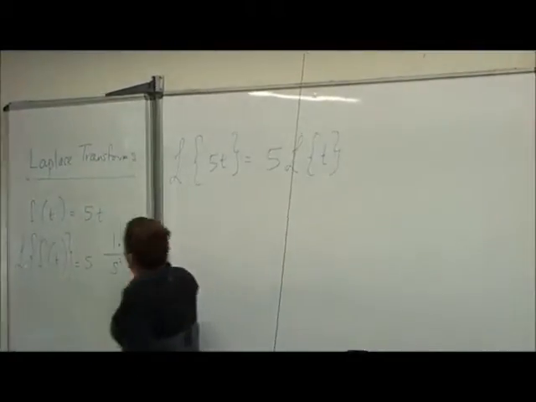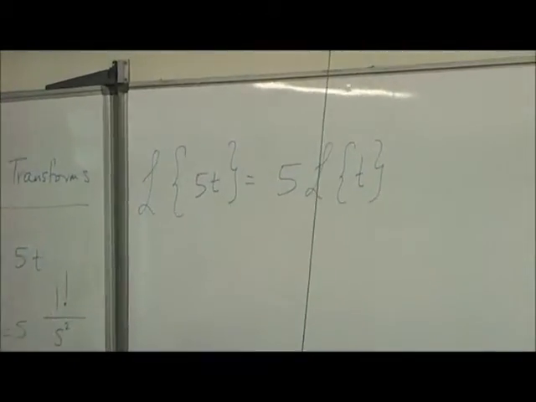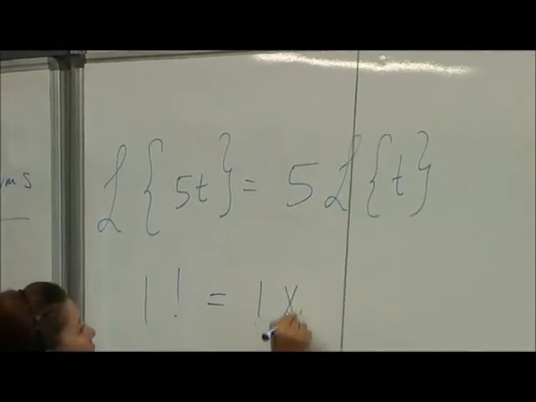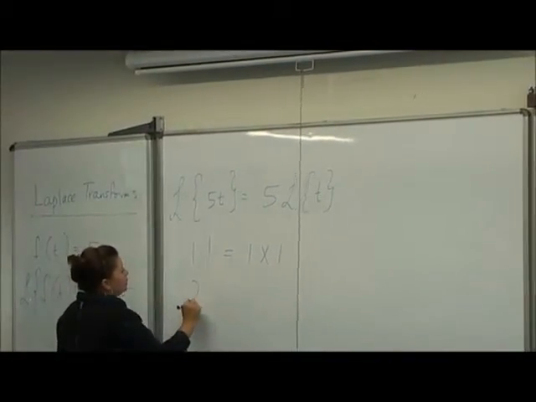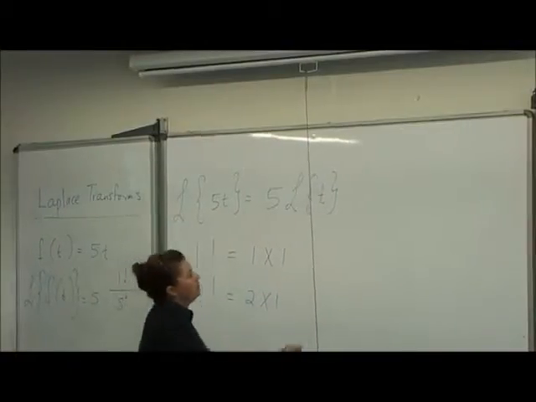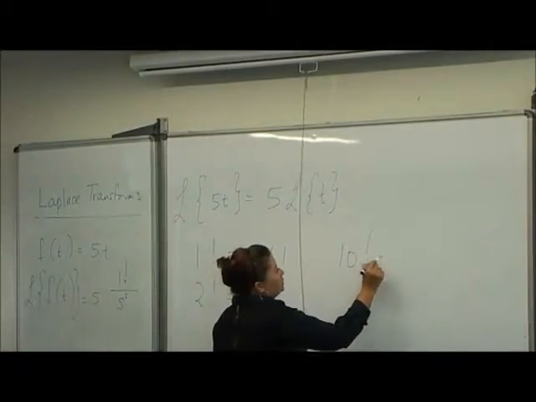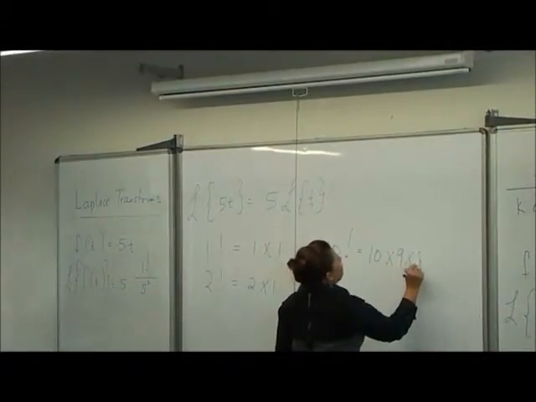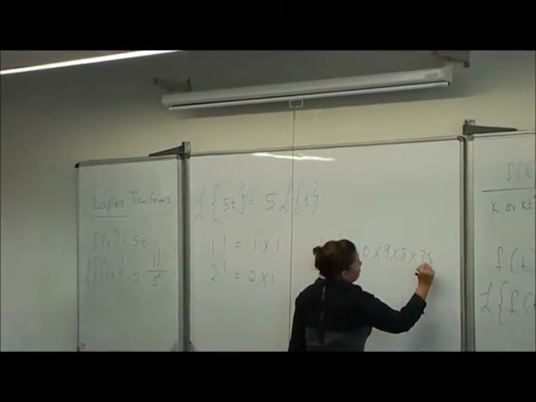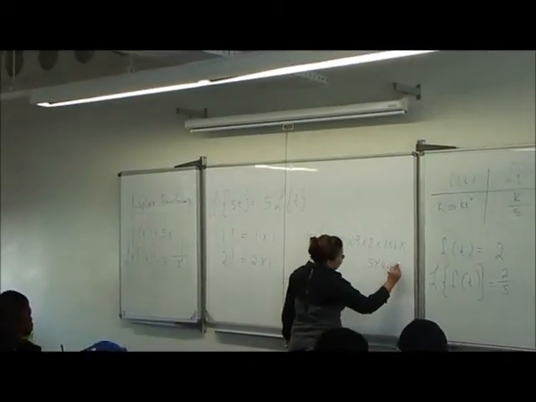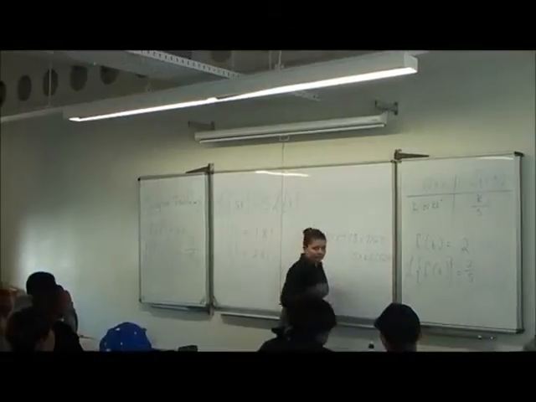Okay? So, factorial. 1 factorial is the same as 1 times 1. 2 factorial. 10 factorial is 10 times 9 times 8 times 7 times 6, 5, 4, 3, 2, 1.